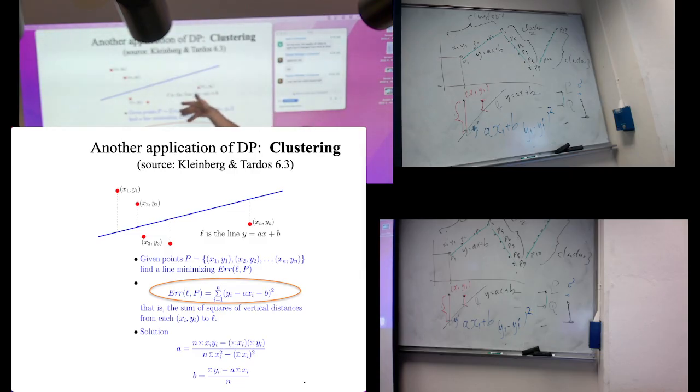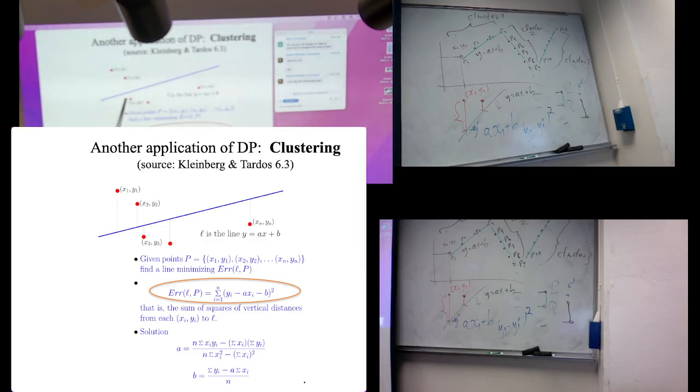Just remember, once I have this set of points, then it's easy and in actually linear time, I can compute a, what is the optimal line, and b, what is the error that this line gives with respect to this set of points. What is the error?